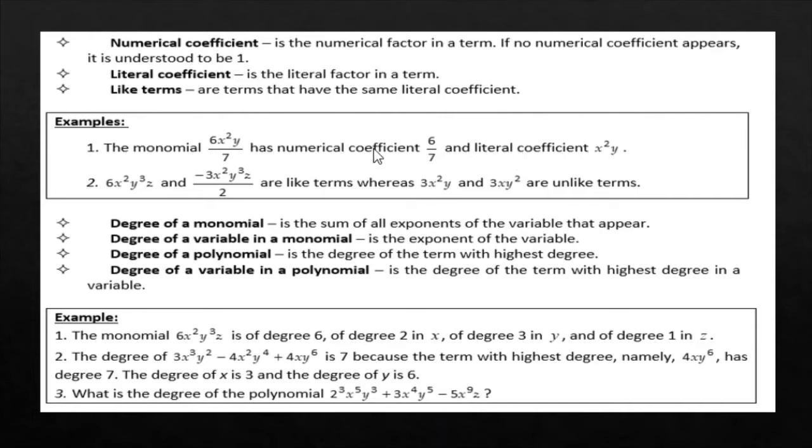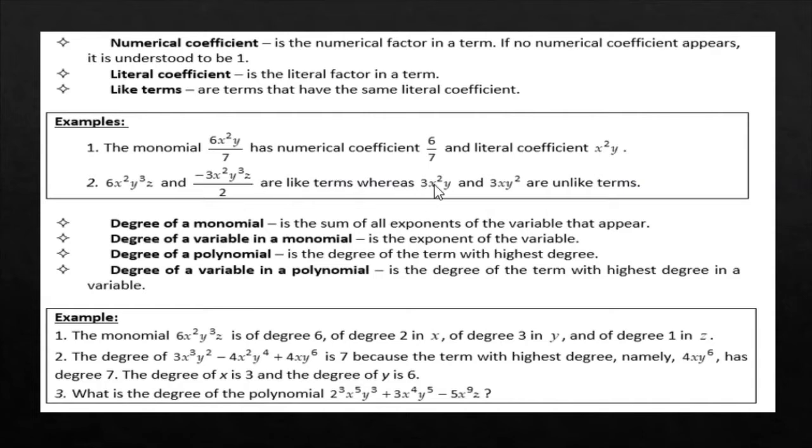So, ang atong mga numerical coefficient, katong numbers na to, and then ang atong literal coefficient, katong variables na to with their exponents. Next, 6x squared y cubed z and negative 3x squared y cubed z over 2 are like terms. So, like terms sila since parehas sila og literal coefficient, and ang ilahang mga exponents same pod.